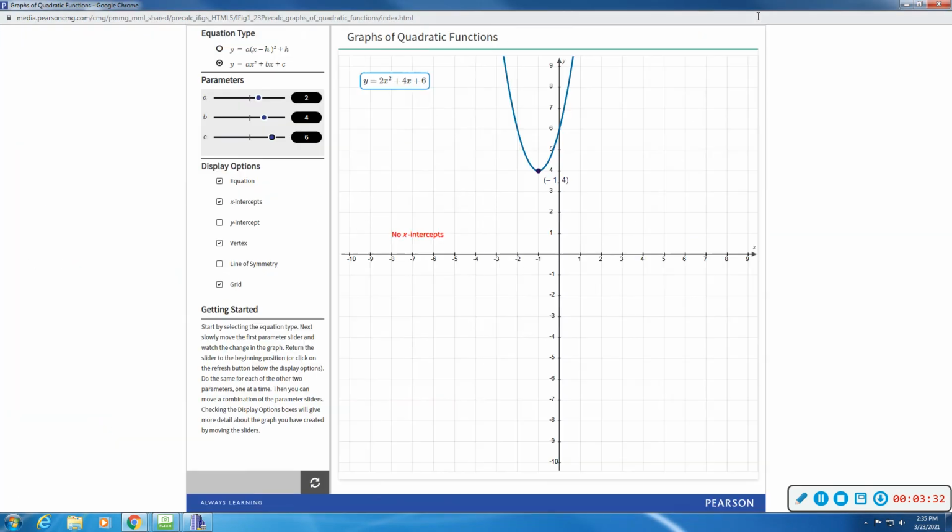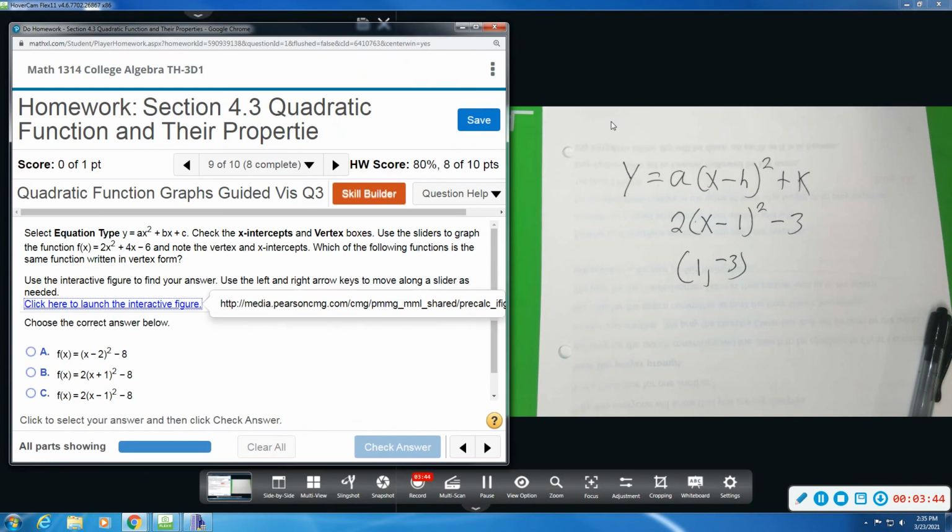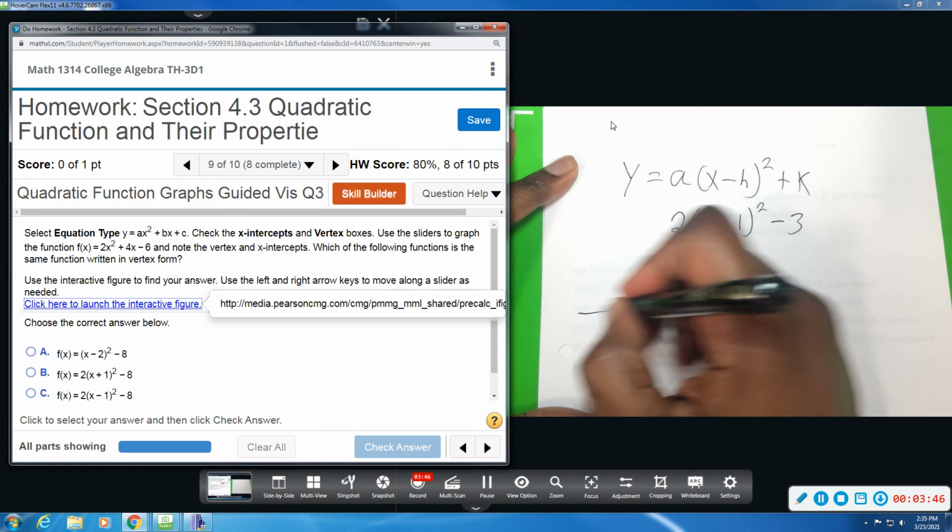Now, we can see the vertex right there, -1, 4. Okay? So I can almost get that equation just from that.